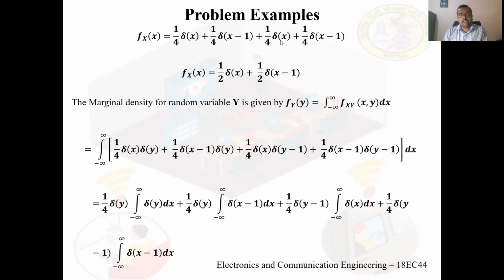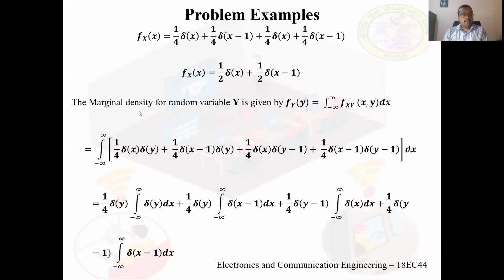Again we have 1/4 δ(x) twice, and 1/4 plus 1/4 will be 1/2. So you get 1/2 δ(x) plus 1/2 δ(x−1). This is the marginal density for the random variable X.